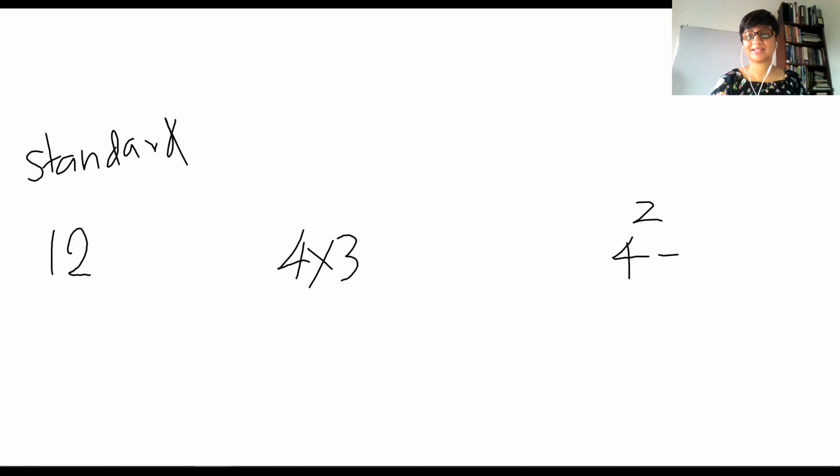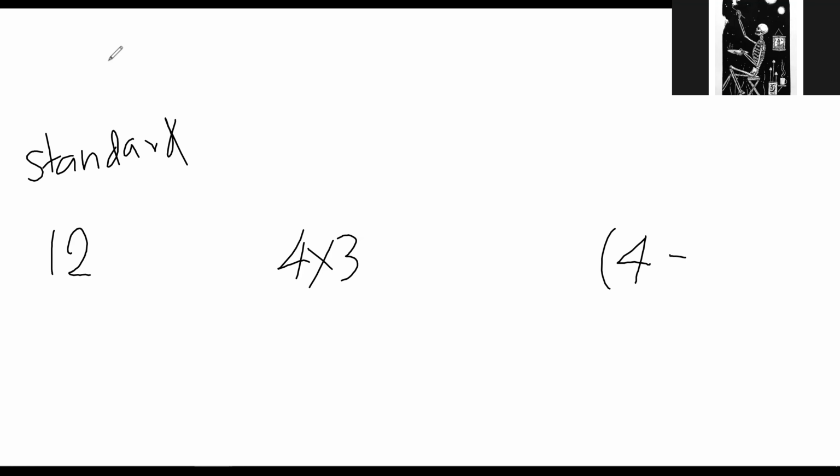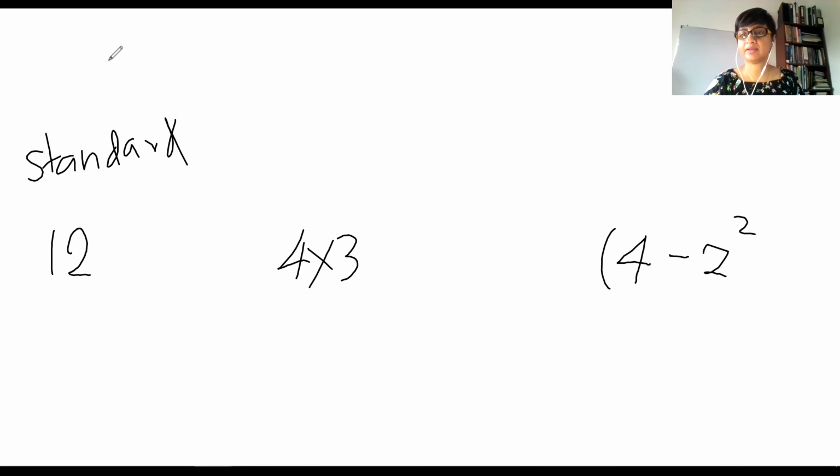Let me see. Neunaka says 3 squared plus 3. Okay, let me write that also. And Aisha was saying, wait, let me write what Aisha said first. Aisha says 4 in brackets. What did you say, Aisha? 4 minus 2 squared.